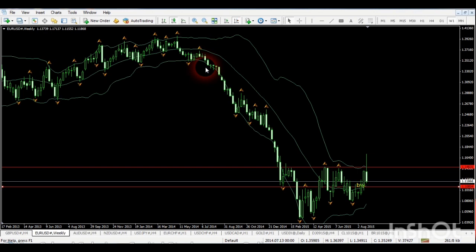For a good position without risking, you should wait for 2 candles to finish under the middle line, like here. These 3 lines are flat, so my chart is sideways. Here my candle is under the middle line. It's giving me a confirmation that my trend is going to go down.